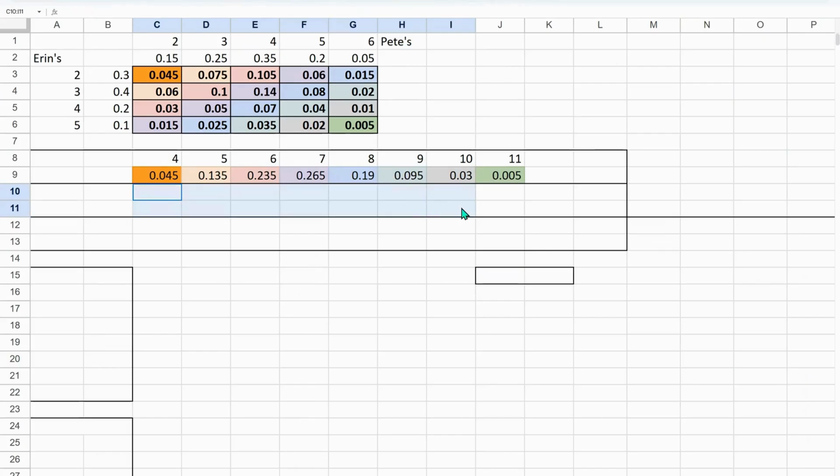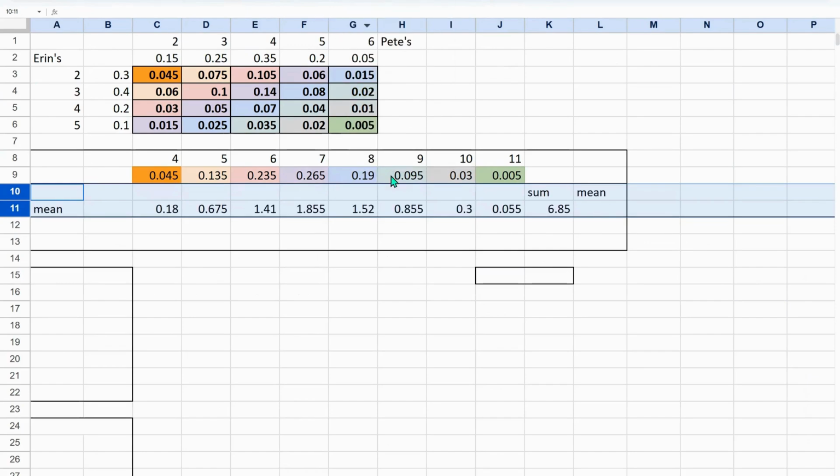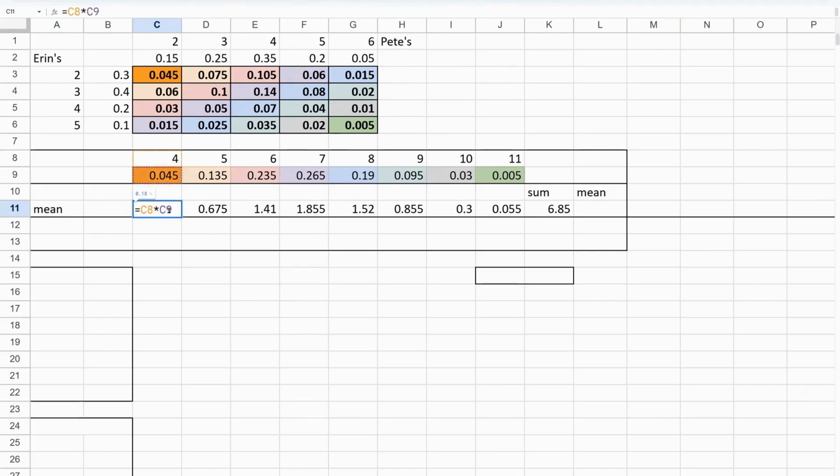I'm going to expose these next rows, and show you that I've got a little formula here that's multiplying these two numbers, 4 and 0.0445, and that's like again data times the mean. Here's another data times mean, all those up, and we know that the expected value is the sum of those products. Oh, and there's that 6.85.